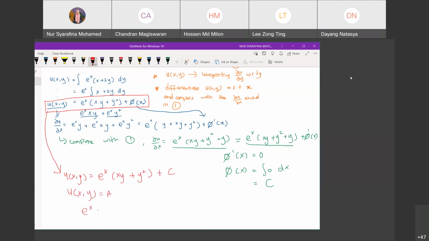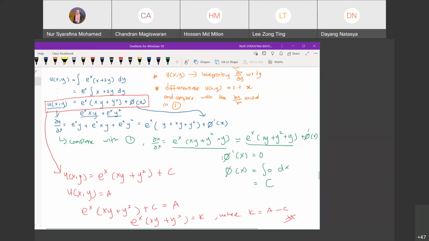So e^x (xy plus y squared) plus C equals A, and e^x (xy plus y squared) equals K, where K equals A minus C. So this is how you find the solution of an exact differential equation.